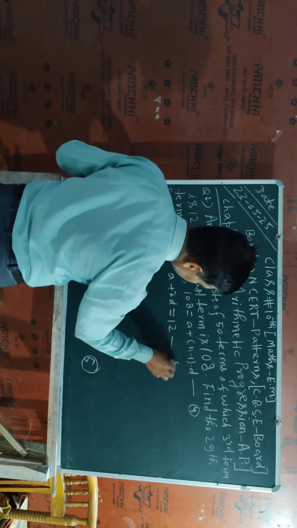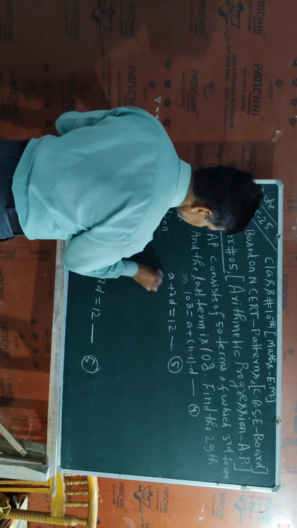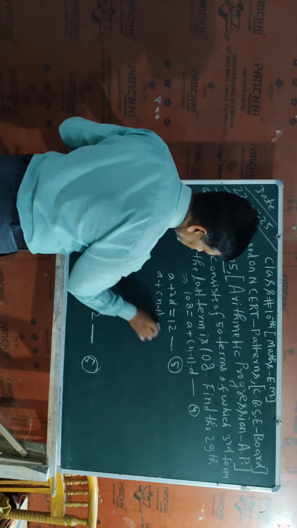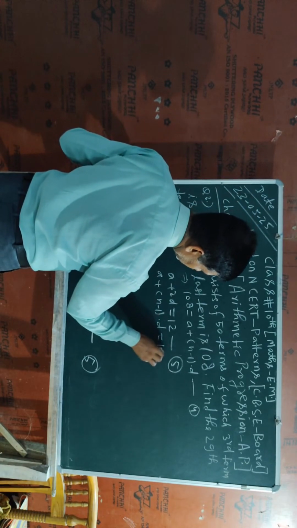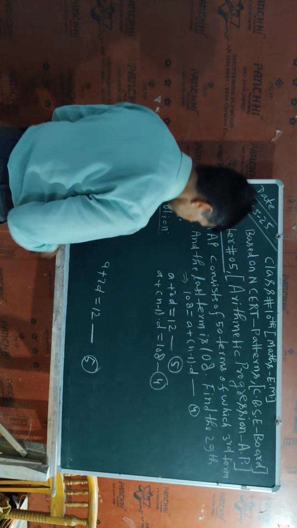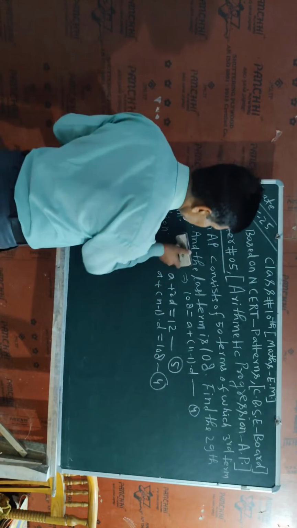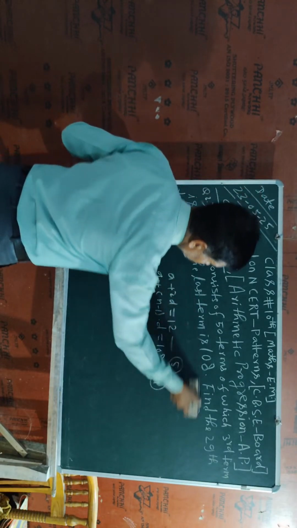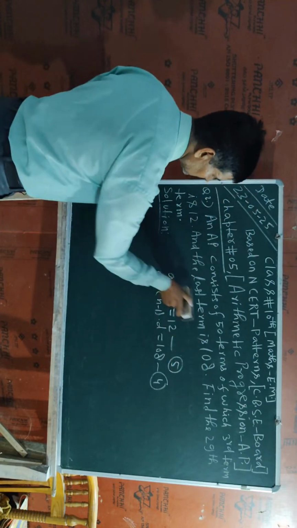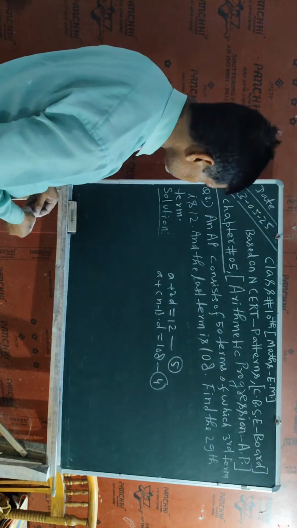And equation number 4: a plus n minus 1 into d, which is equal to 108. Now further I will solve equation number 4 and 5. After solving I will get the answer, and the value of a and d I will substitute in equation number 3, and then I will get its value.